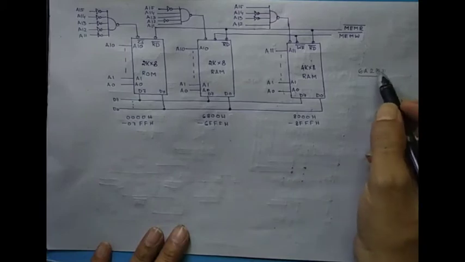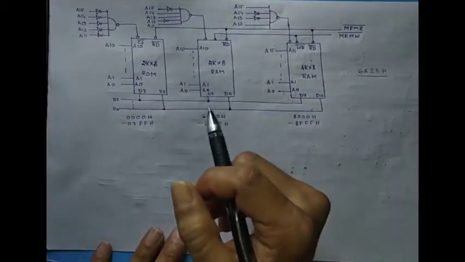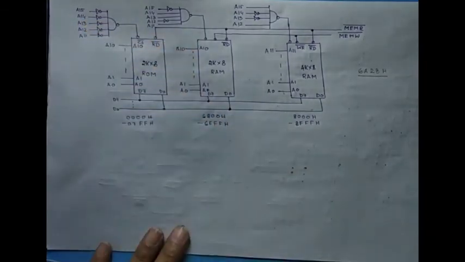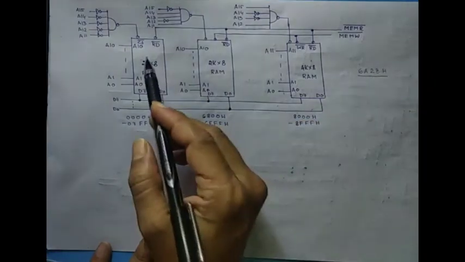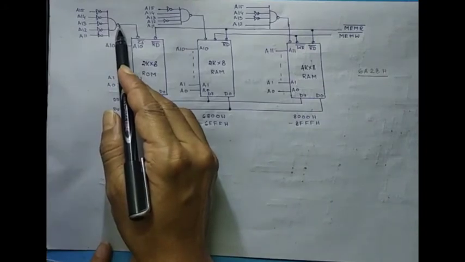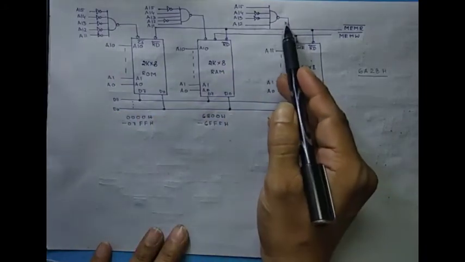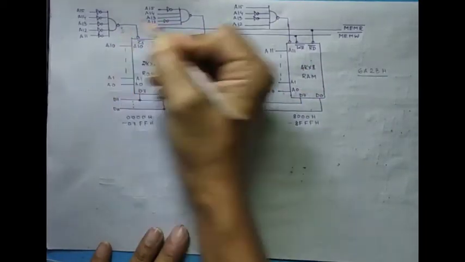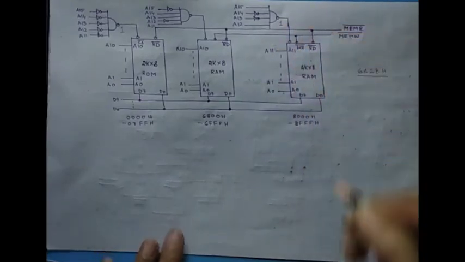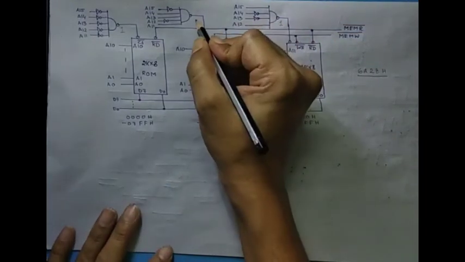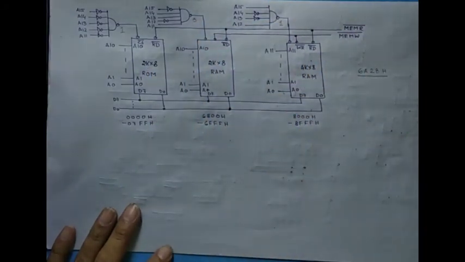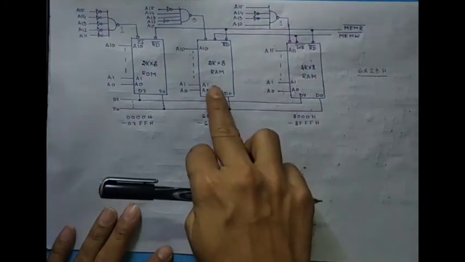Then when this address is placed by the processor on address lines, 6A23 hex will be there on A0 to A15, and due to the specific value of this address, this NAND gate output will be 1. This NAND gate output will also be 1. Only the output of this NAND gate will be 0. Therefore, these two devices will not get their chip select signal.